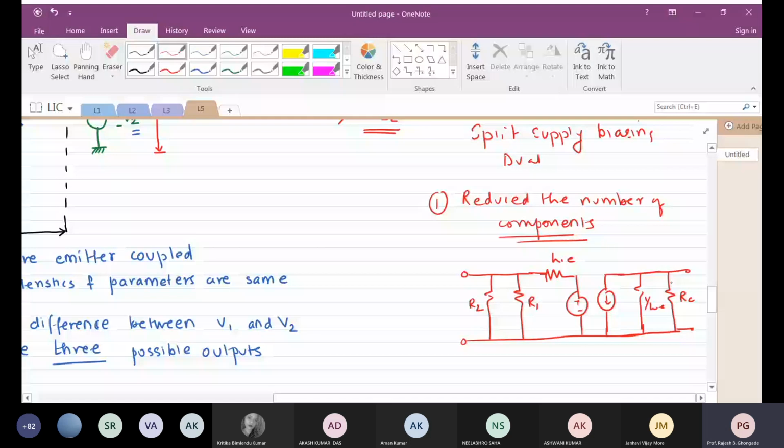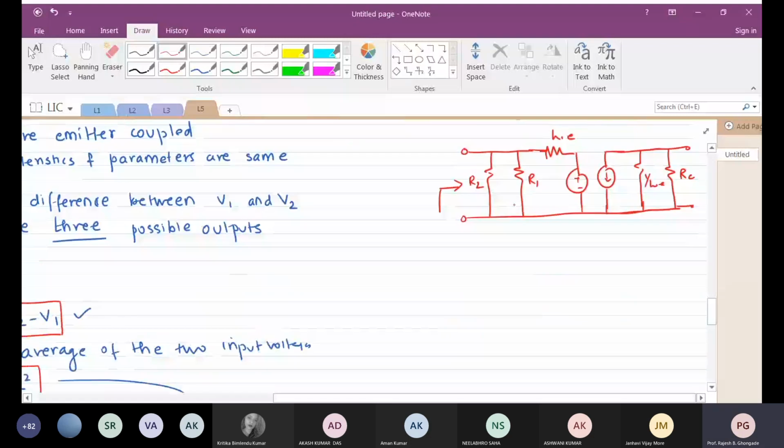And when we computed the input impedance, R1 and R2 were coming in parallel. And a parallel combination of resistors is going to be smaller. You cannot increase the value of R1, R2 to a large value. Otherwise, what happens? Now this is very deep. Of course, we are bypassing RE, so it doesn't matter for RE.